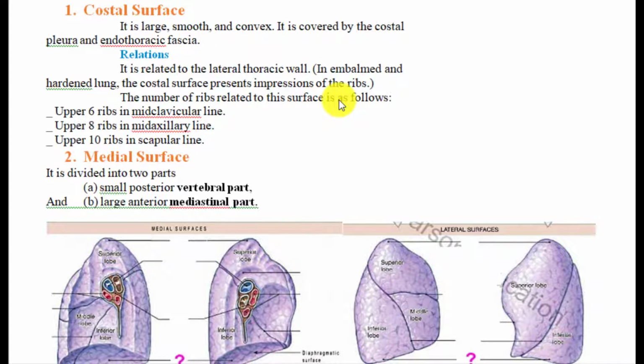So friends, the surfaces of the lungs are the costal surface and the medial surface. The costal surface is towards the costal bones and the medial surface is towards the mediastinum, right? The first thing about the costal surface is that it is large, smooth and convex.